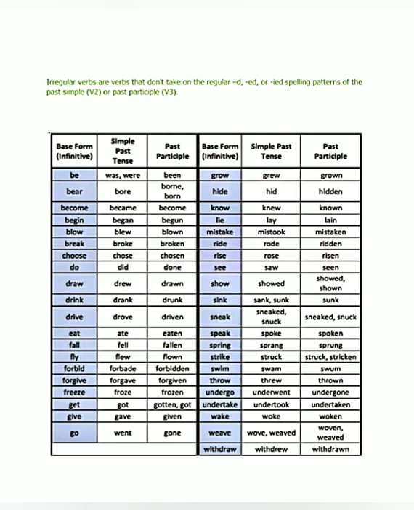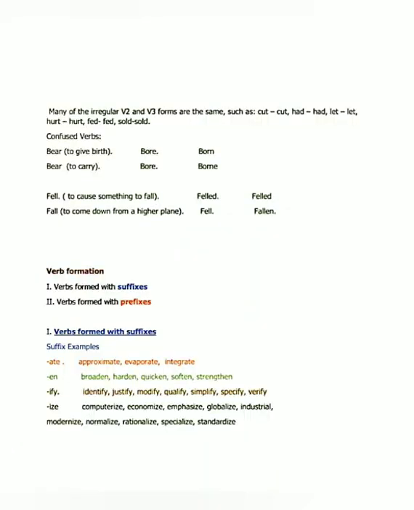Okay, now in this word, sometimes we get confused about which one to write in the past participle form, since one is born and one is borne. So these are confused verbs. You have to know the meaning of the base form.